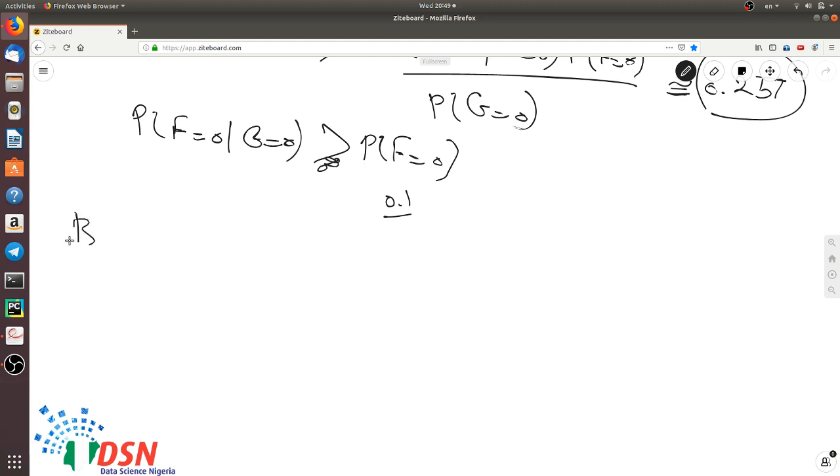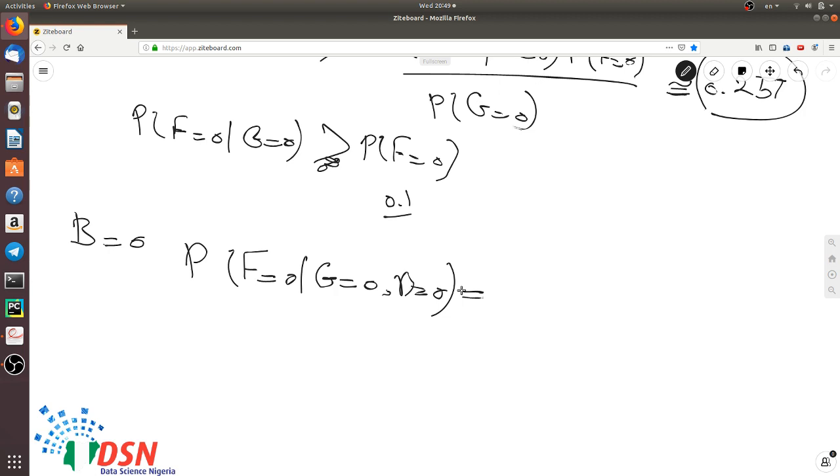Now let's assume that we know another thing. Now we know that the battery also is empty. So in this case, we want to know the probability that the fuel tank is empty based on two observations: the gauge shows empty and also the battery is empty.